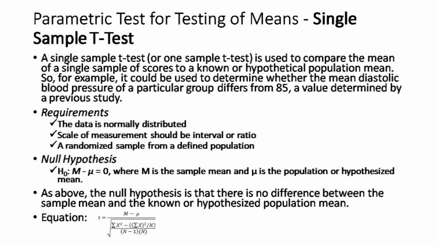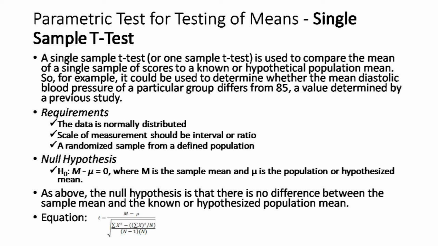The equation which is used for testing the hypothesis is t equals m minus mu divided by the square root of [summation x square minus (summation x) square by n, divided by n minus 1, all upon n].